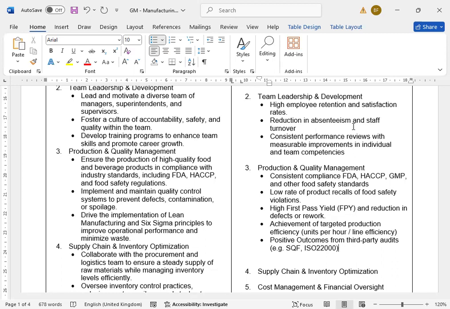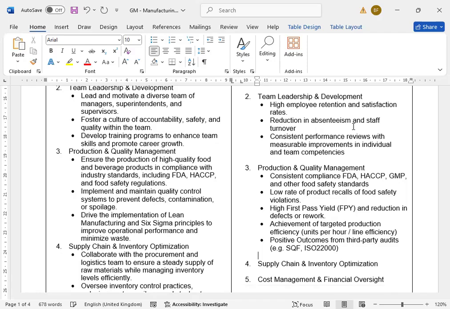Okay, so that would be for number three, which is production and quality management. Okay, let's go to number four, supply chain and inventory optimization. Okay, bullet.